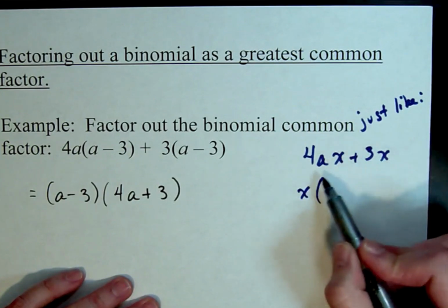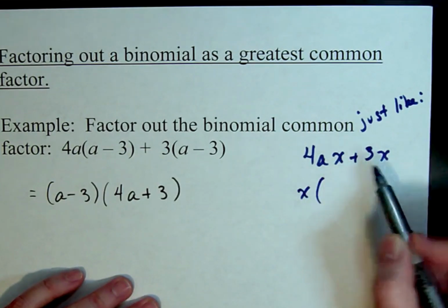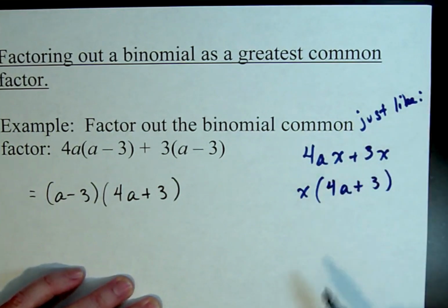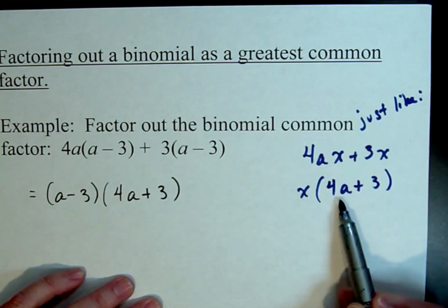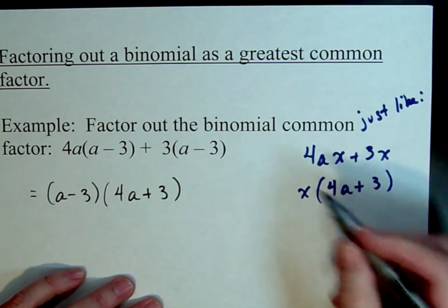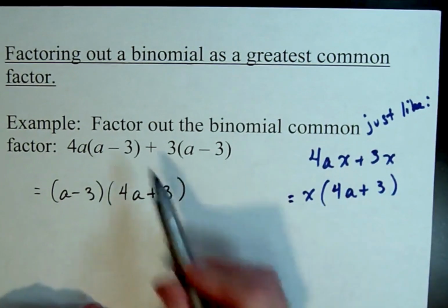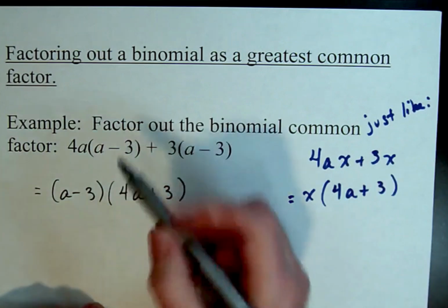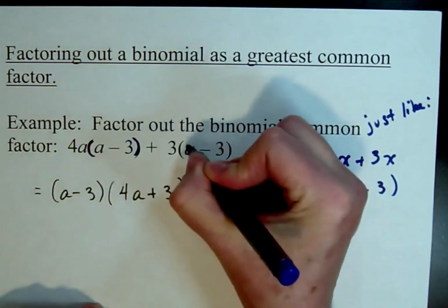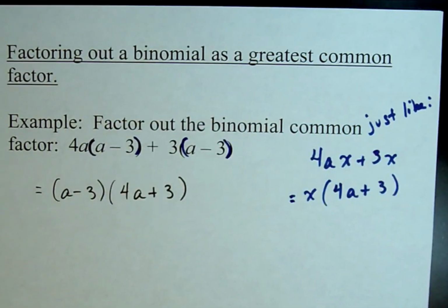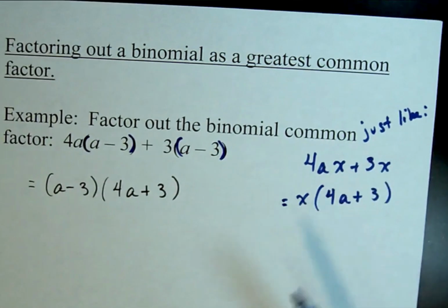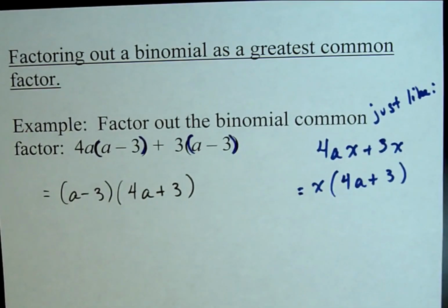It looks like someone was asked to distribute it into 4a plus 3, because that's what you'd get, right? 4ax plus 3x if you distributed. And all that's happening here is instead of a single letter x, we have a blob of stuff in parentheses. So the whole parentheses are playing the same role that x is playing there.